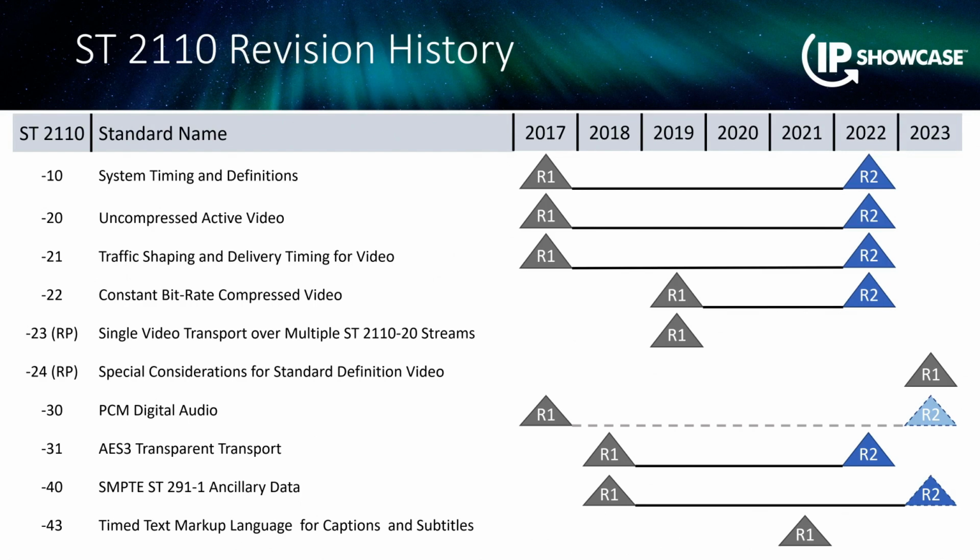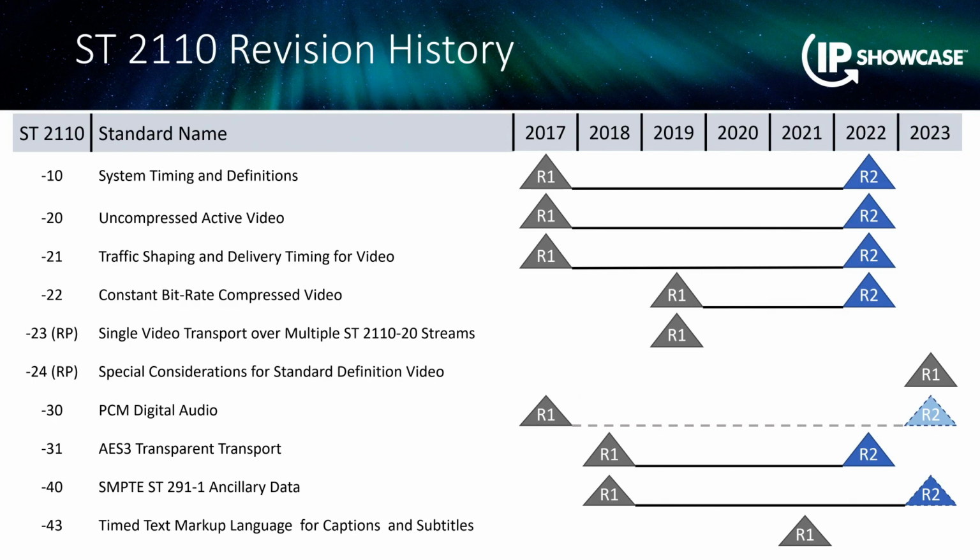you their revision history. So you can see the first four that came out in 2017, kind of the core one: 2110-10, which is the system timing spec. 2110-20, which is the video encapsulation specification for uncompressed video. 2110-21, which is the packet pacing scheme for the video delivery system.